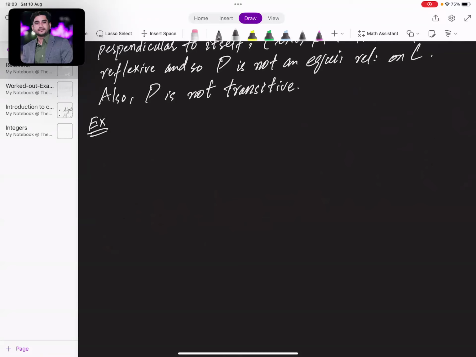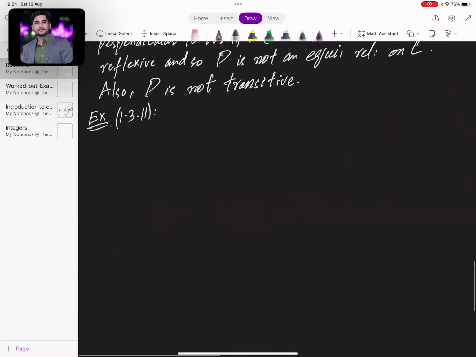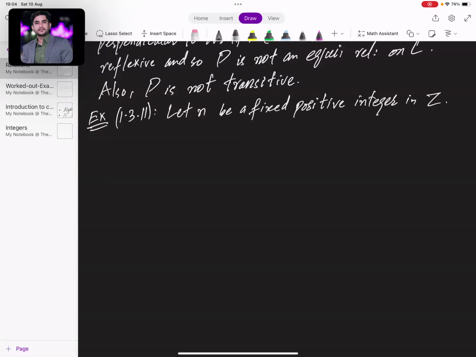Example of a very interesting kind, 1.3.11. Let n be a fixed positive integer in Z, the set of integers.